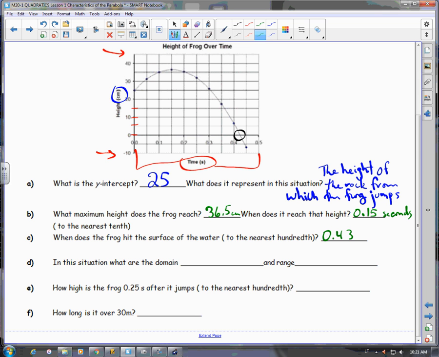Okay, so we've seen how we use the calc max feature. It's similar for calc min and for finding the x-intercept. Now, so here's an example where in this situation, what's the domain? So it's no longer just any real number. Can I use interval notation? Can I do hard bracket 0, 0.45 hard bracket?